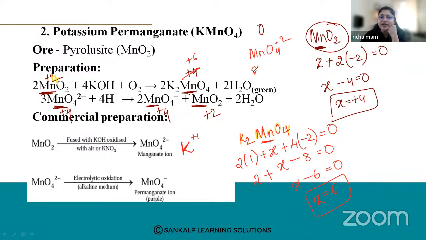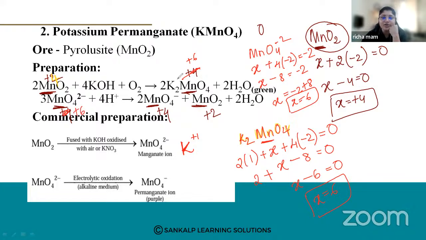Again we find Mn: X plus 4 into -2 equals the charge on the complex, which is -2. If there is no charge above, it is 0, but here there is a charge, so it is -2. Solving, X minus 8 equals -2, so X equals 6. So here it is +6.